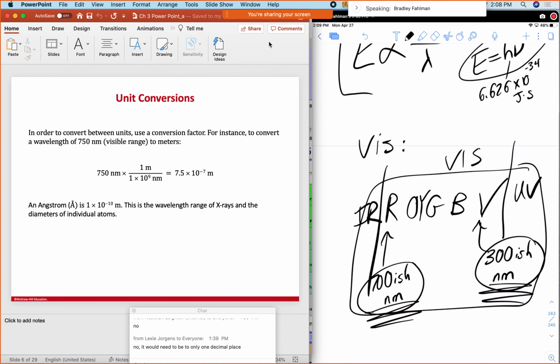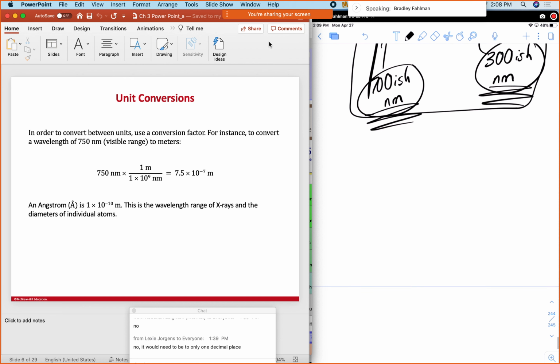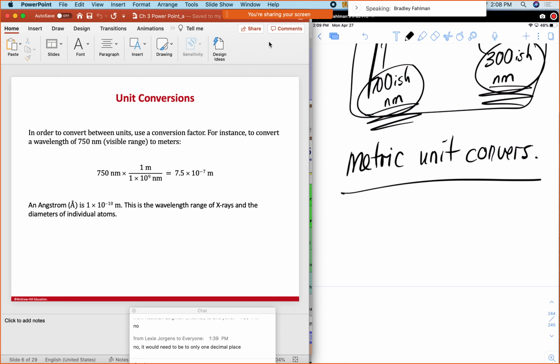And then converting. This is where the metric unit conversions came in. So the base unit, and then we had deca, hecto, kilo, and then mega, tera, and giga.